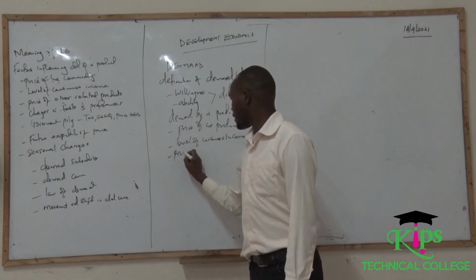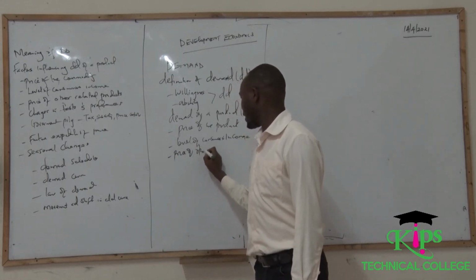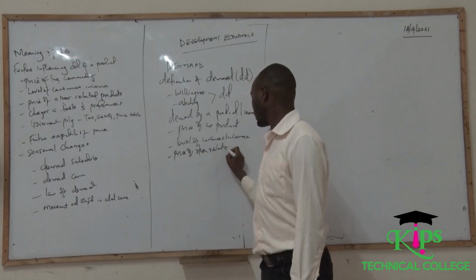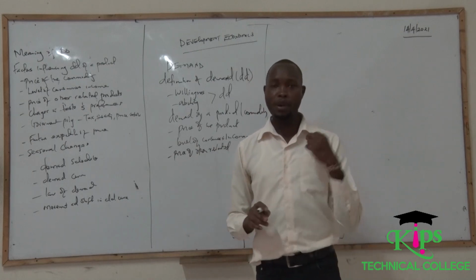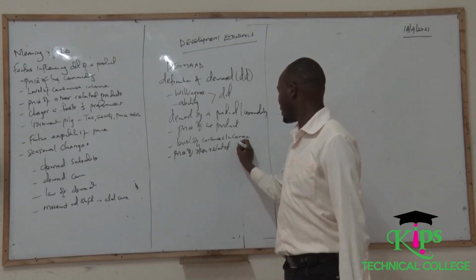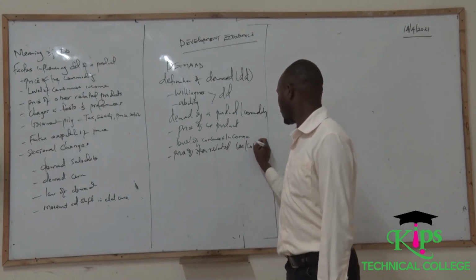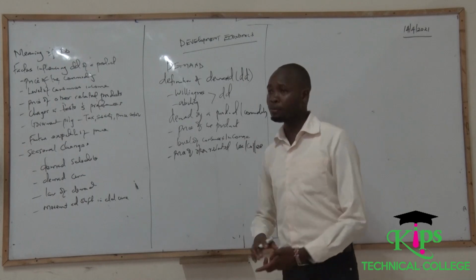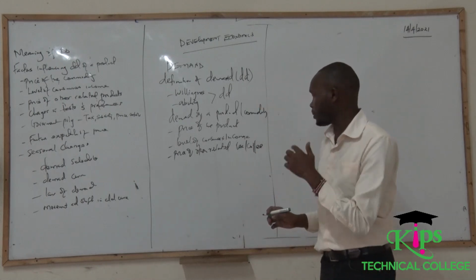We also have the price of other related products, the products that can serve the same purpose. If we talk about tea and coffee, these two products can serve the same purpose.